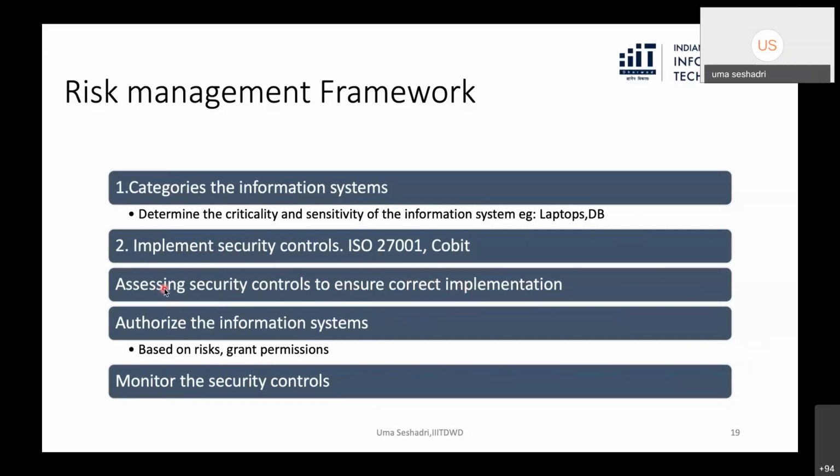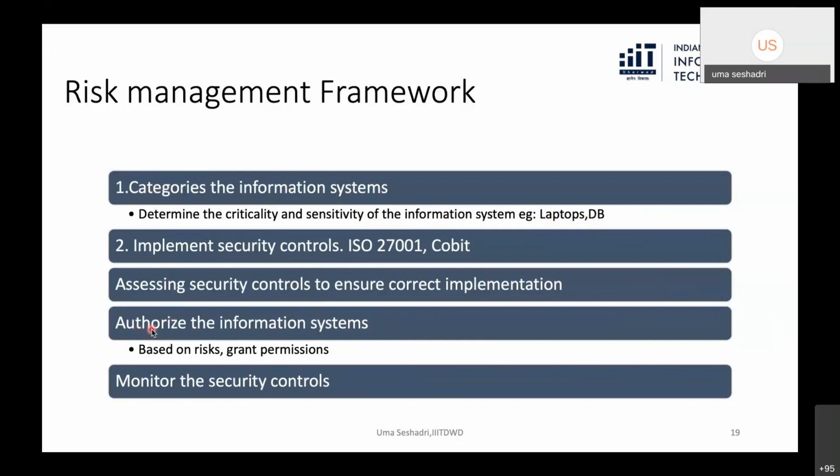Once you do the assessment, you are also doing the authorization, because all these assets and entities like laptops, databases, systems, and devices have human interactions. People are going and managing, logging in, cleaning, and using those. So you need only authorized personnel to use these systems.